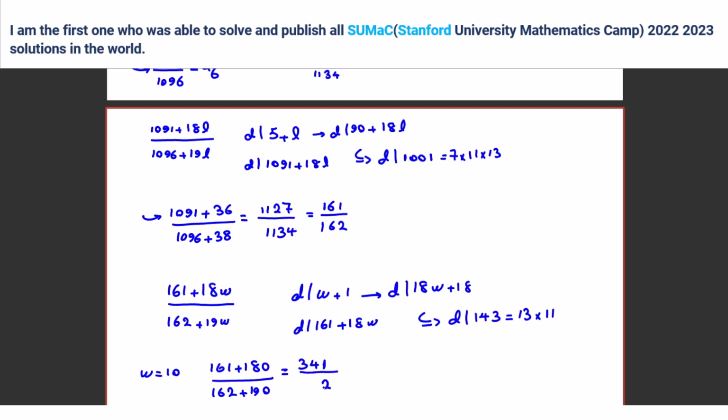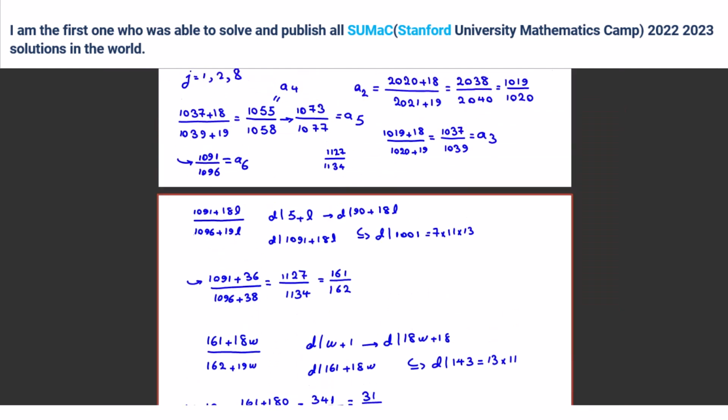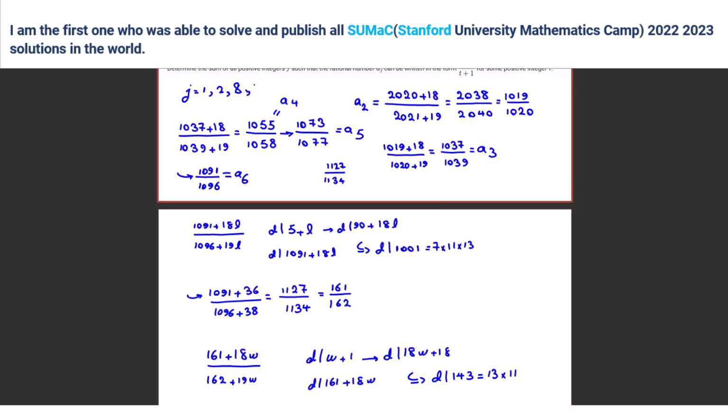And then 352. Both of them are multiples of 11. So if you divide by 11, it's 31 and 32, right? As you said. Because W is 10 means 10 after the previous one, so it's 18. So we found the next.